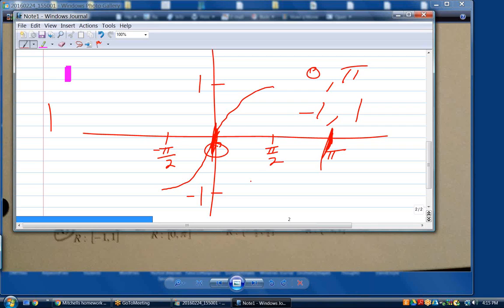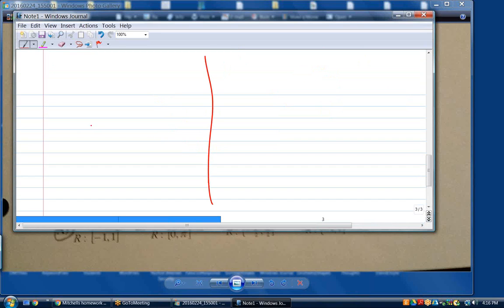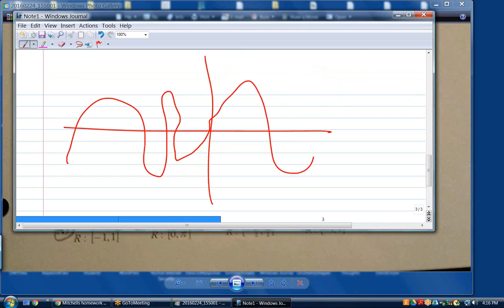Okay, in other words, the domain on the sine is different than the domain on the cosine for purposes of talking about its inverse. I mean, if I look at the entire sine curve, then the domain is all real numbers, right? But if I were to flip this over the y equals x axis, it wouldn't be a function.